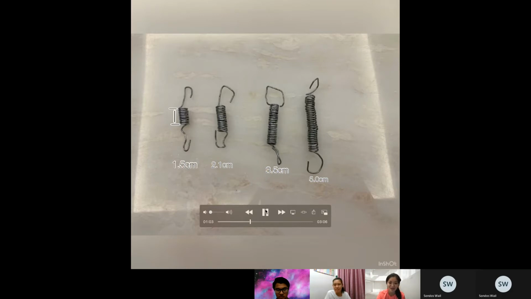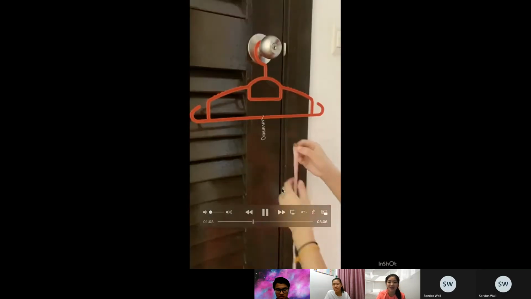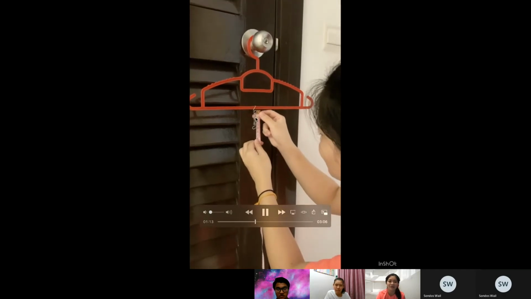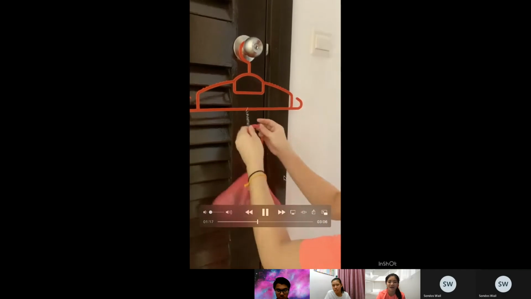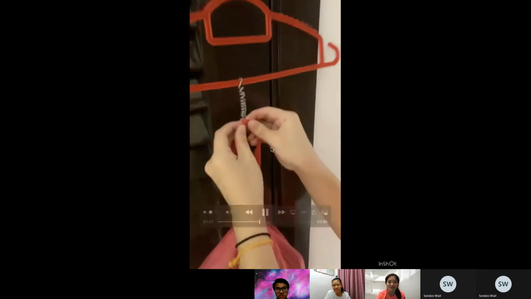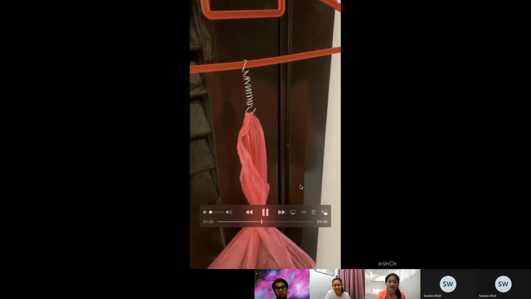So I did 2 parts actually. One part is different length. For the different length of spring, I measure the length of spring first before I put the load. Then this load is about 500 gram, which is 5 Newton. After I place the load, I use the measuring tape to measure it again.